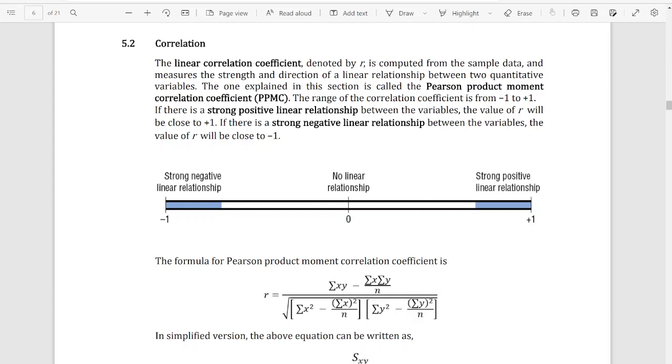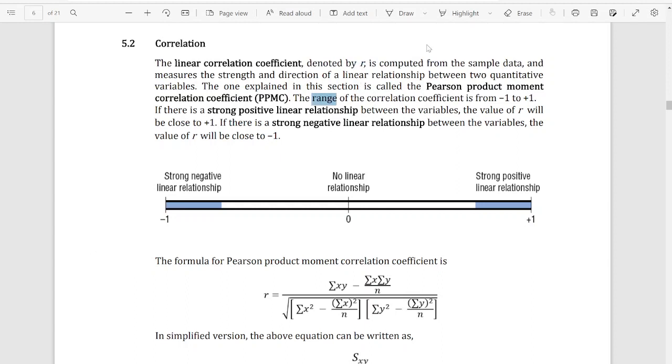Okay, and one of the ways is by using the linear correlation coefficient, Pearson product moment correlation coefficient, or we just make it a short form ataupun Pearson product moment correlation. Okay, so some people the short form is PPMCC ataupun PPMC, sama je. And for this situation, the value of the Pearson product moment correlation coefficient, normally we denote this as r, so kita gunakan huruf r kat sini.